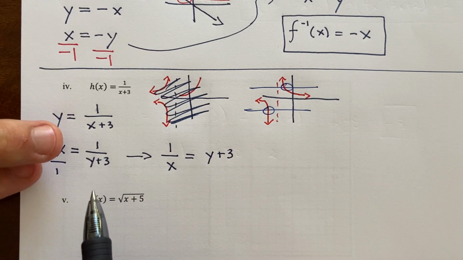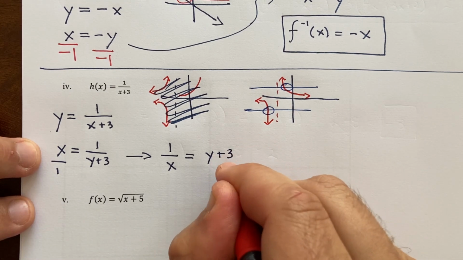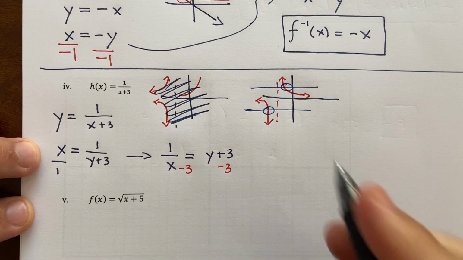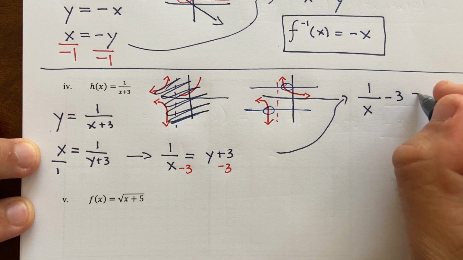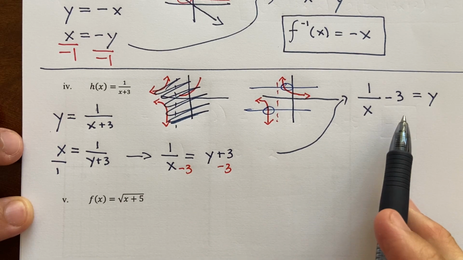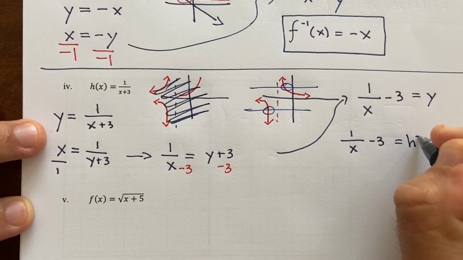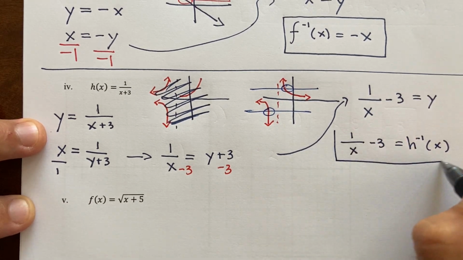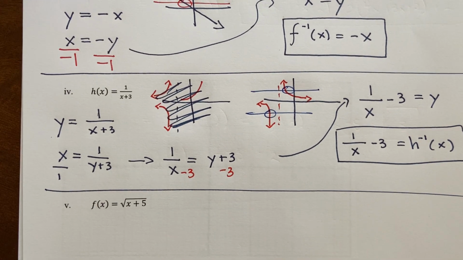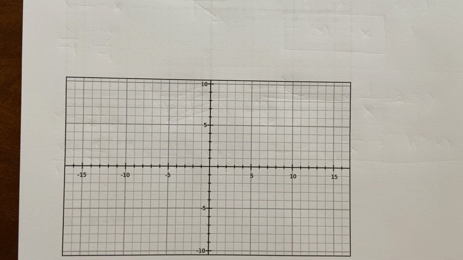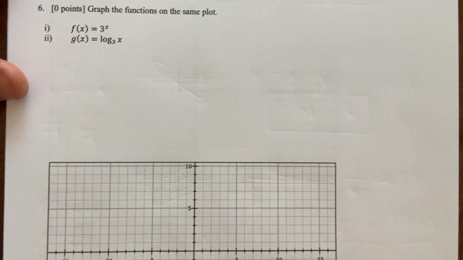I could just basically flip both sides, inverting both sides, and then subtract 3. So we'll have 1 over x minus 3 equals y, and then I call this h inverse. So 1 over x minus 3 equals h inverse of x. I'll leave this one undone. This one too. Let's go on to number 6.